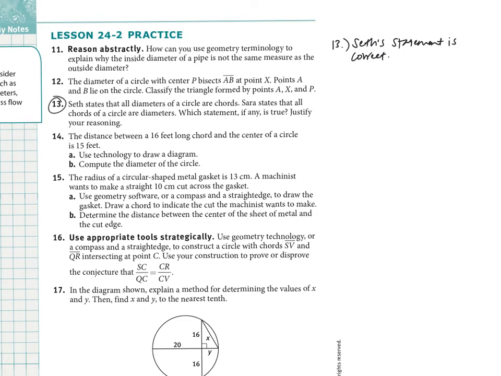And our reason behind this is because all diameters of a circle are chords, since the endpoints of a diameter both lie on the circle.